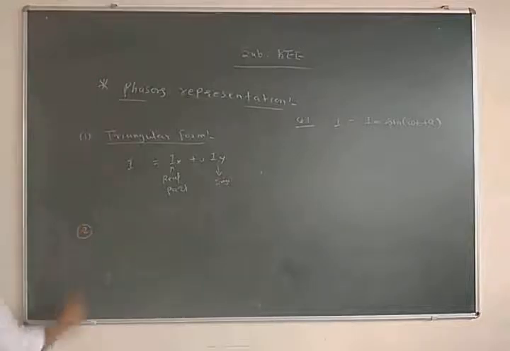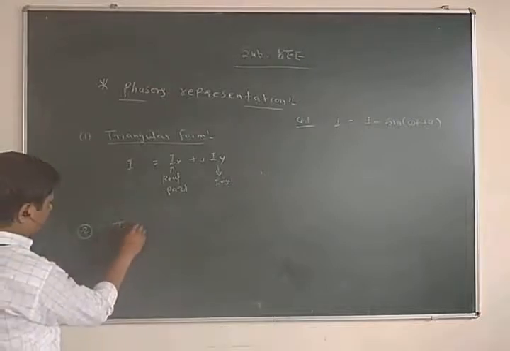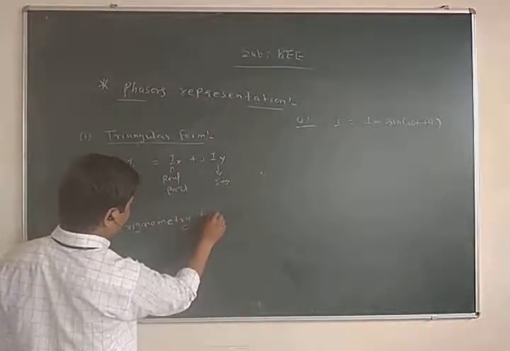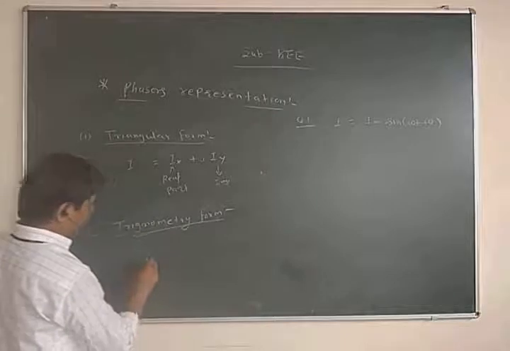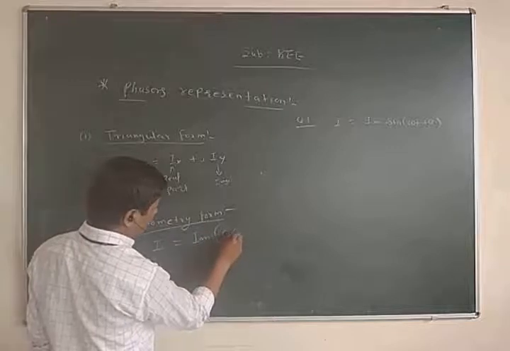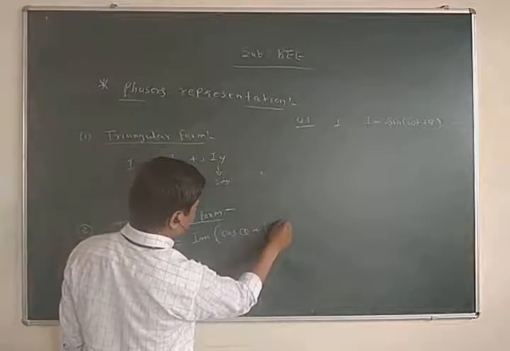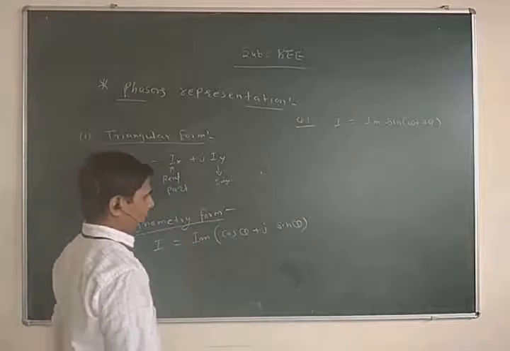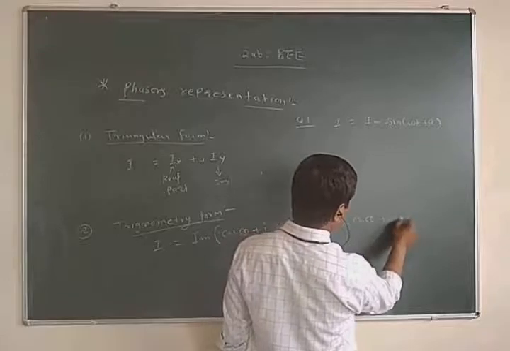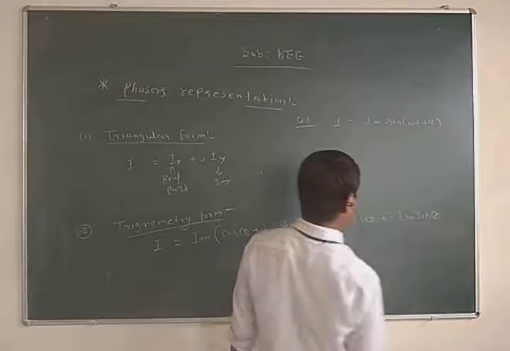Second is trigonometric form. In trigonometric form, we represent I equal to Im (cos theta plus j sin theta), or Im cos theta plus j Im sin theta.